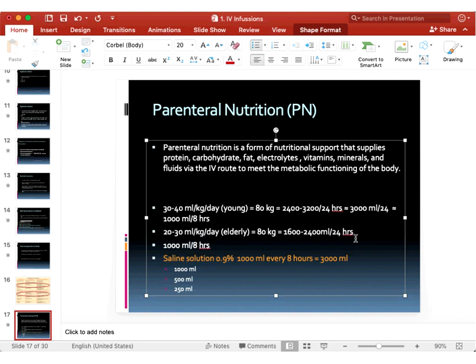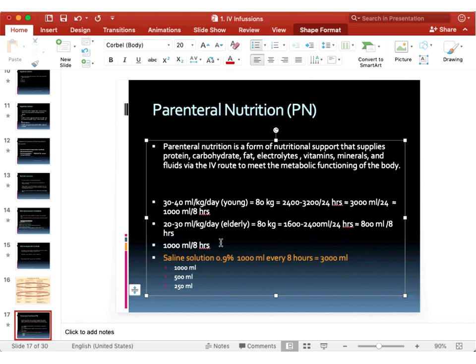Now, we round this, let's say, divided by 3. 24 divided by 3, you can say that he has to receive 800 milliliters every 8 hours.